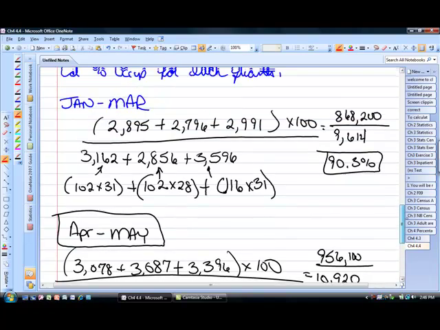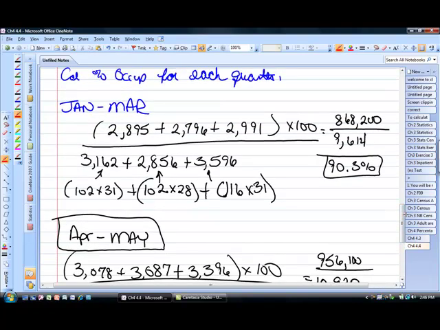So what we're going to use is 2,895 plus 2,796 plus 2,991, which equals 8,682.